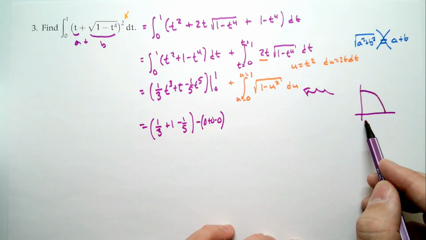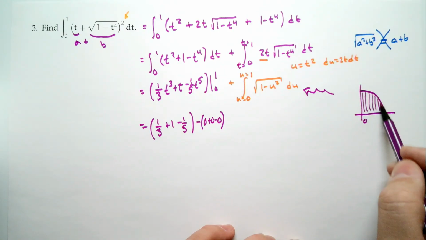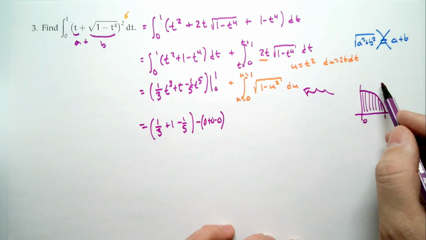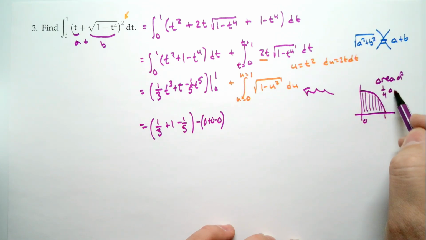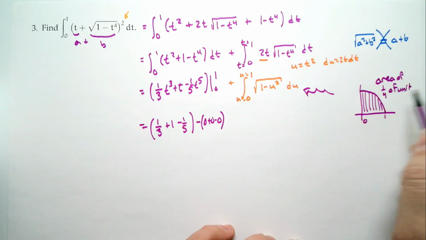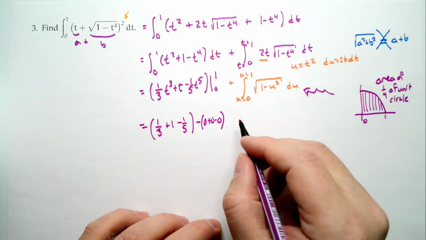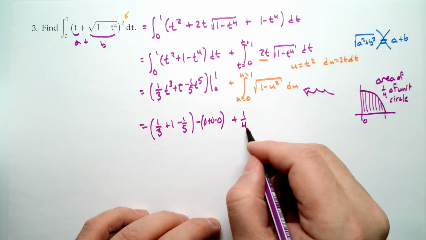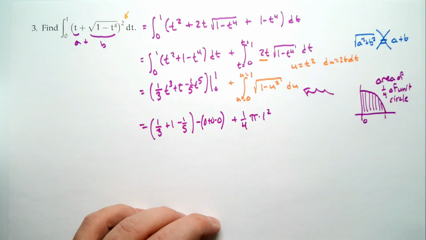I'm only going from 0 to 1, and I'm going from square root of 1 minus u squared down. So this is the area of 1/4 of a unit circle. And the good news is we know how to find the area of unit circles. In fact, we know how to find the areas of circles: it's pi r squared. So we need 1/4 of that. So we're going to have 1/4 of pi times 1 squared. So we're using geometry to do this integral.